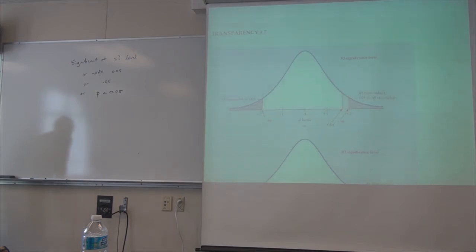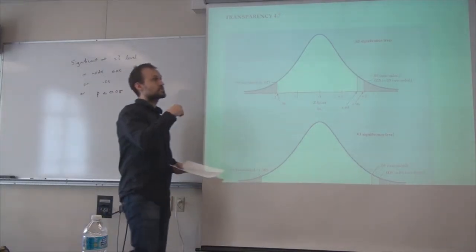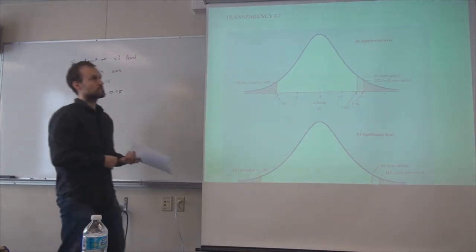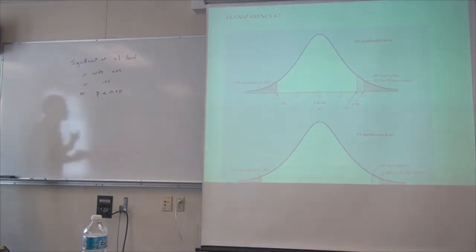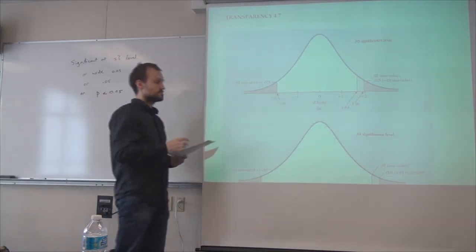Sometimes I just want to see if there is a difference in my sample, or if my sample suggests a significant difference from the population mean. I don't necessarily care if it's higher or lower. I just want to investigate if it's different.